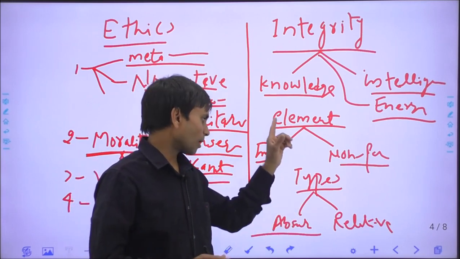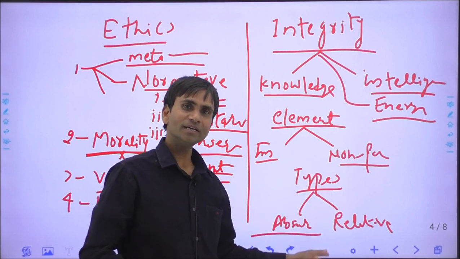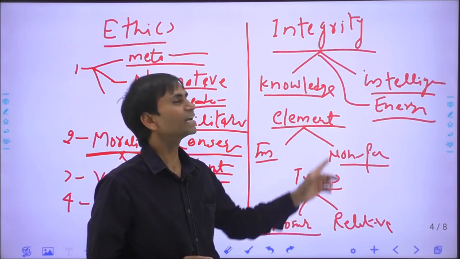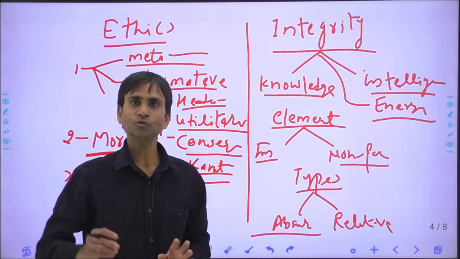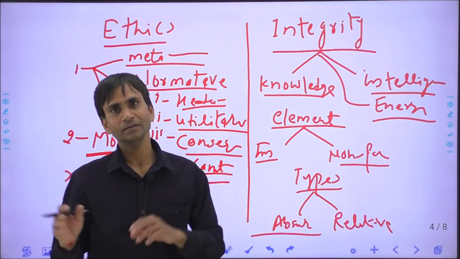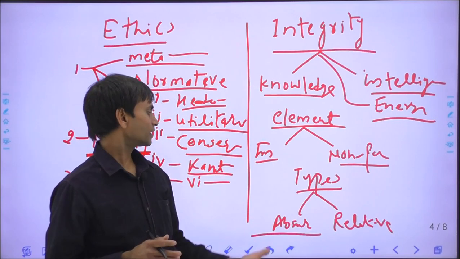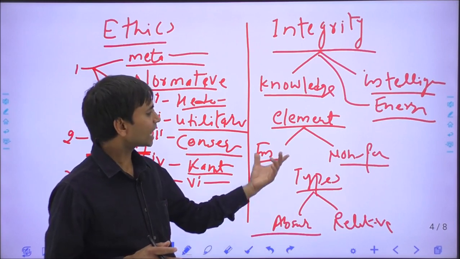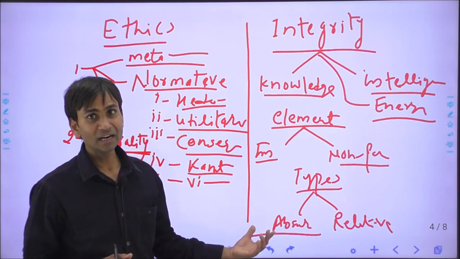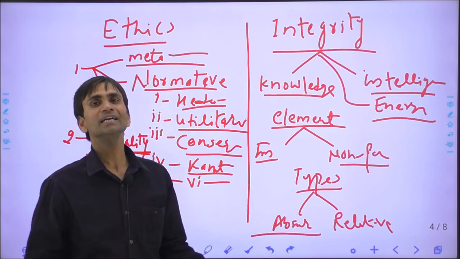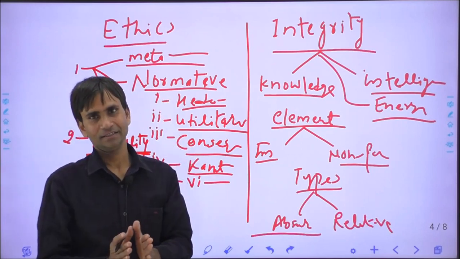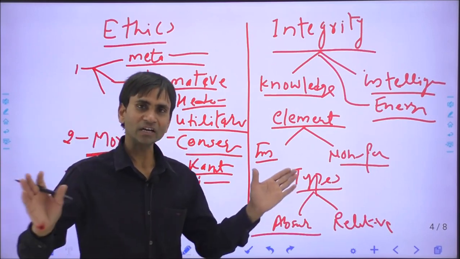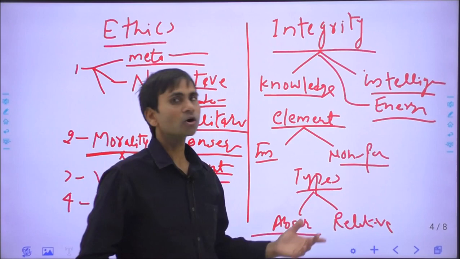When you compromise with your duties, definitely it is not integrity, and you have indulged in corruption. So integrity must be maintained in an absolute manner, and it is called intellectual integrity, which refutes any kind of compromise.